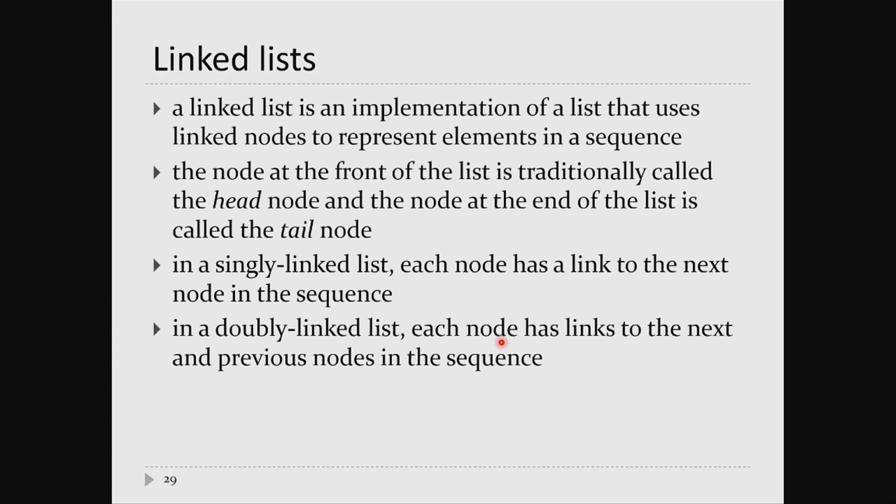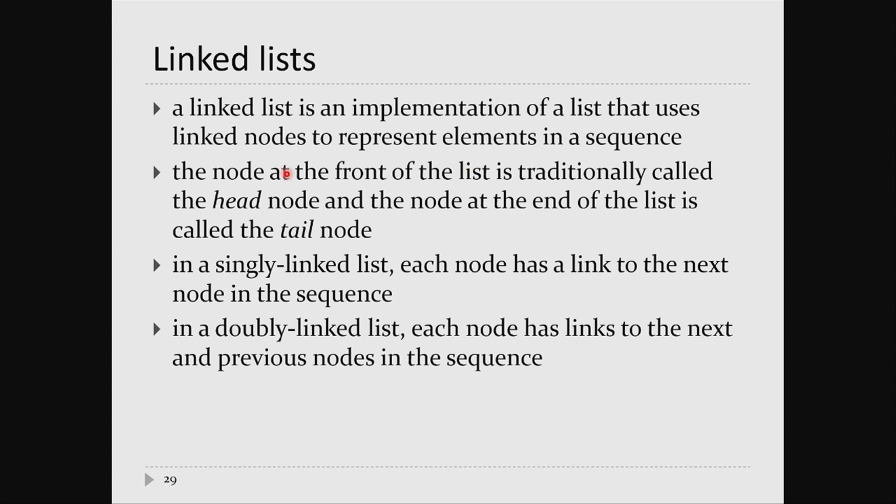All right, now just like stack and queue, I want to implement a list using nodes. The type of list that I'm going to implement is what's called a singly linked list. A linked list is an implementation of a list that uses nodes, just like a linked stack or a linked queue.